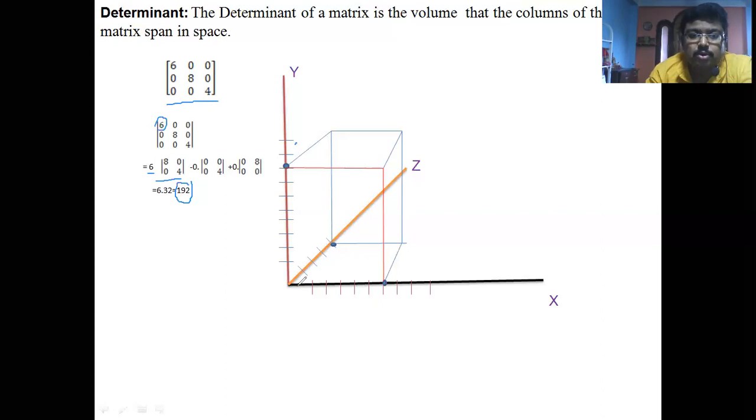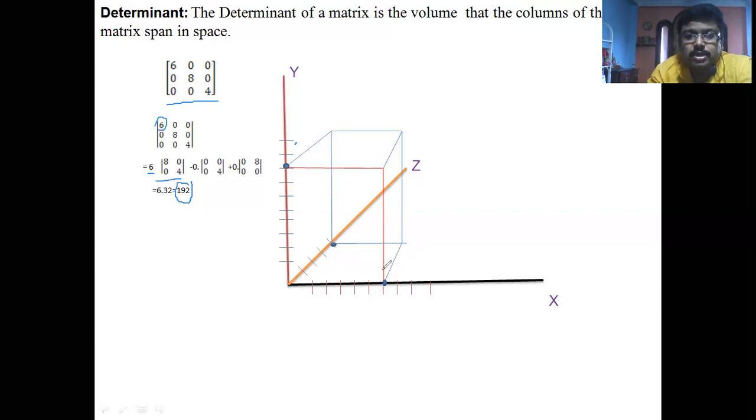Now look, along the x-axis there is 6, 0, 0, this point, and along the y-axis we have 0, 8, 0, so 8 is here, and along the z-axis we have 4, 1, 2, 3, 4. So if we find out the area, then we have to find out the area of this box.